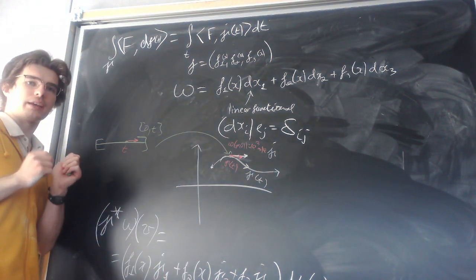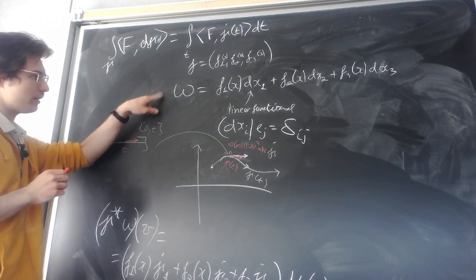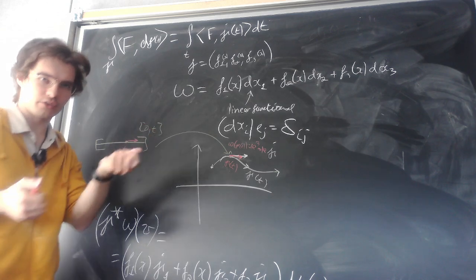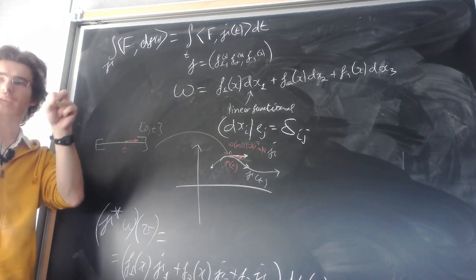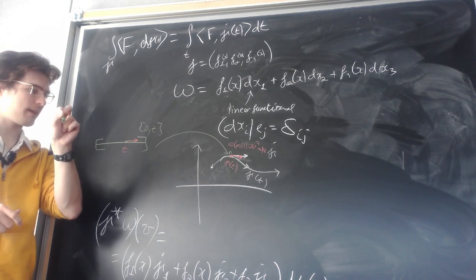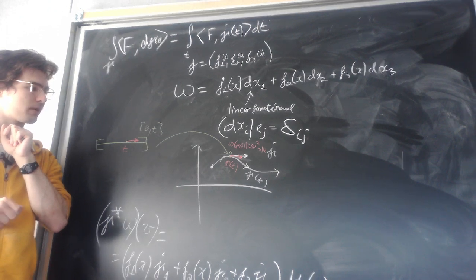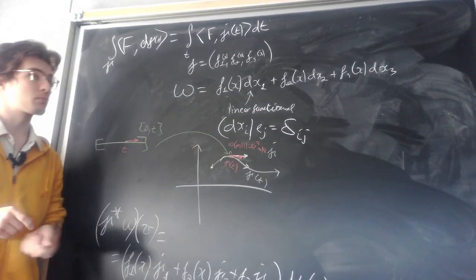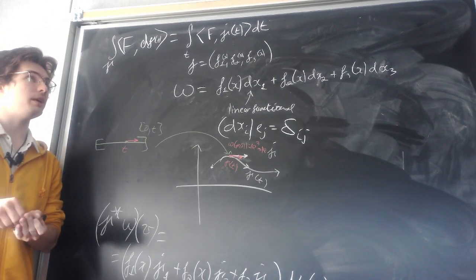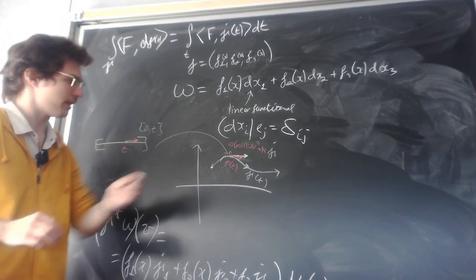What the pullback is: this differential form is a linear functional at every point. It can take in some vectors and output a number. And if I want to restrict it to this curve, I want to only be plugging in tangent vectors of this.